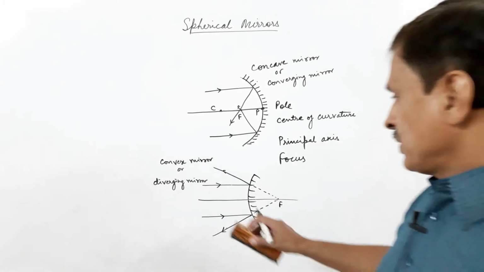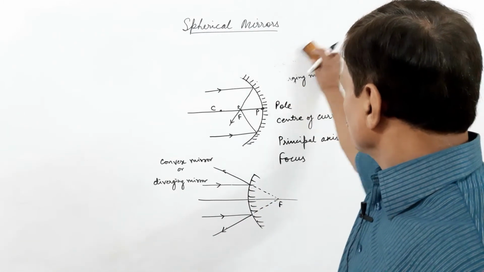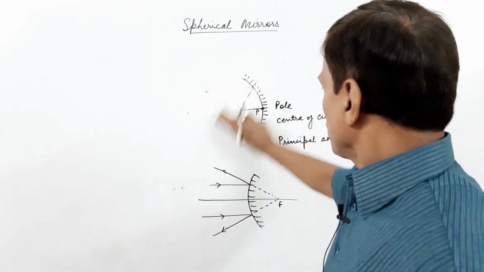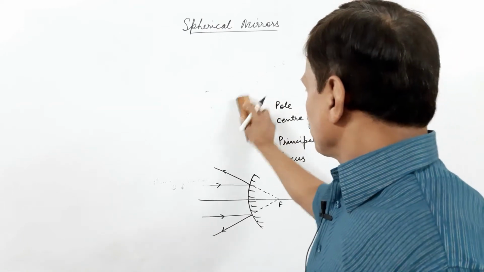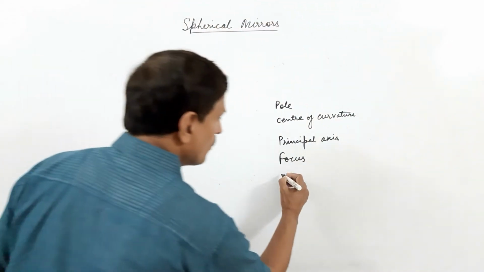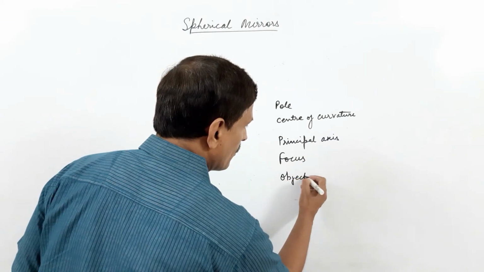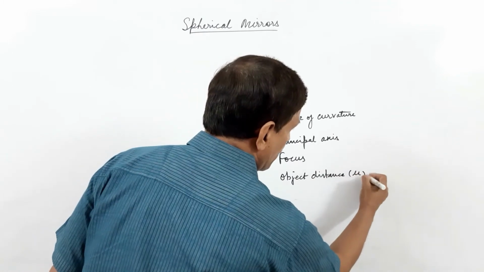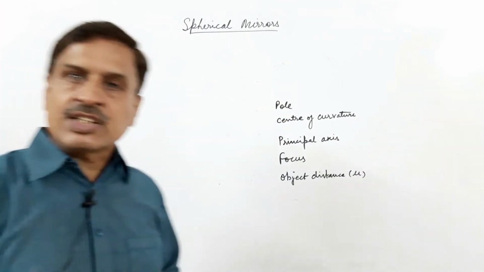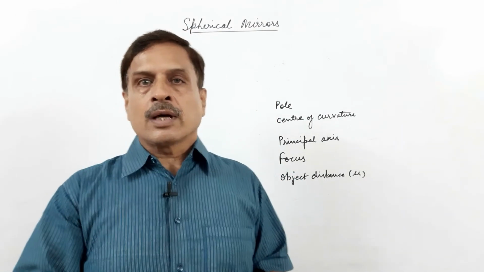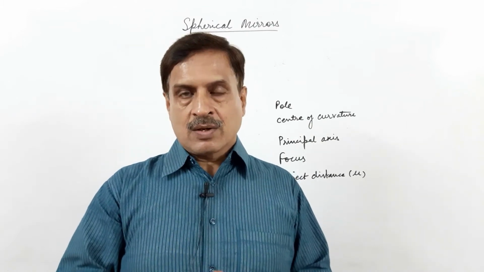Some more definitions. The object distance, denoted by u, is the distance between the pole and the point where the object is placed on the principal axis.